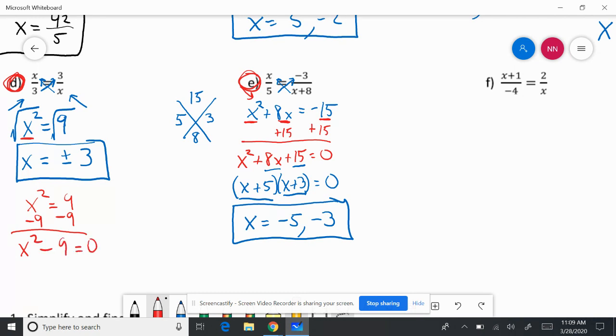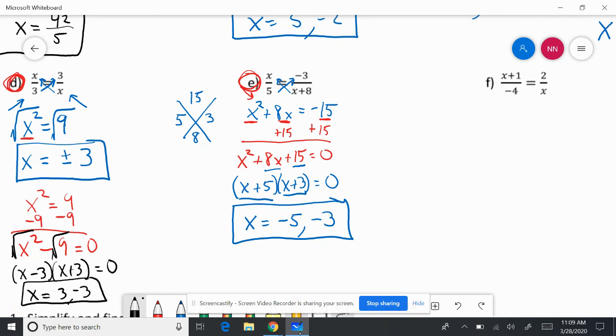And some of you might be noticing this right here is a special factoring pattern. So it's x minus 3 and x plus 3 equals 0. So our two answers are 3 and negative 3. Notice that we get the same answer here as we do here. I think this method is a little bit easier, but if you get confused, you're always welcome to factor every time and get your two answers.